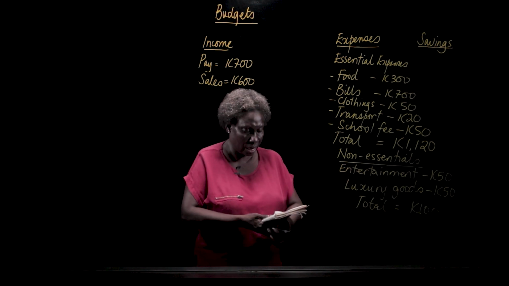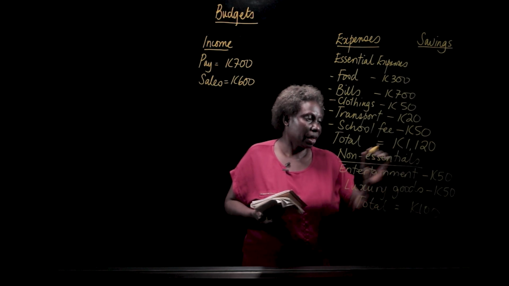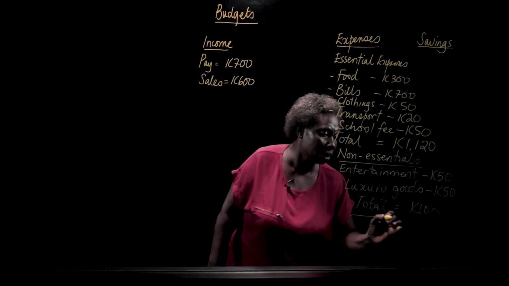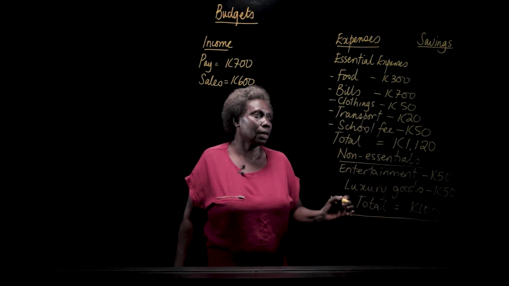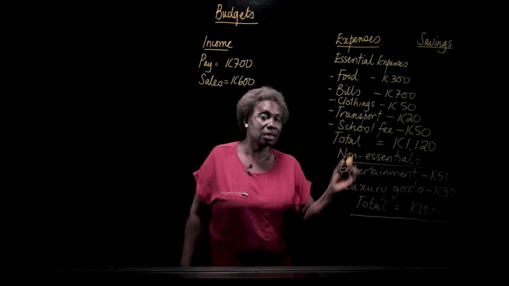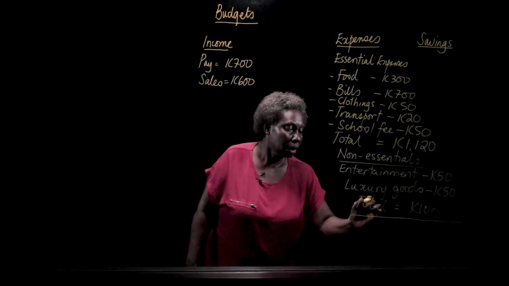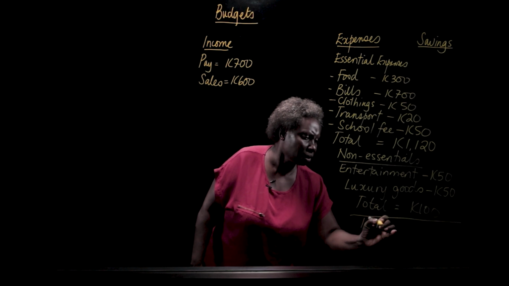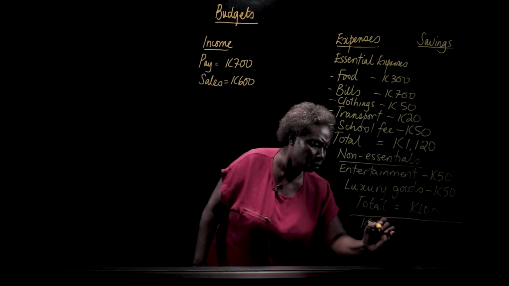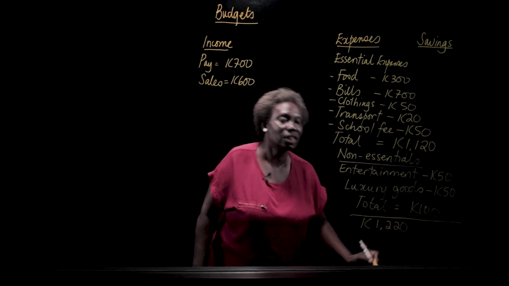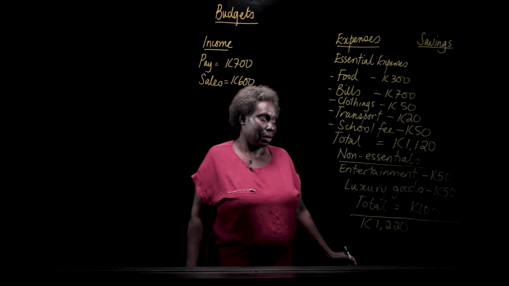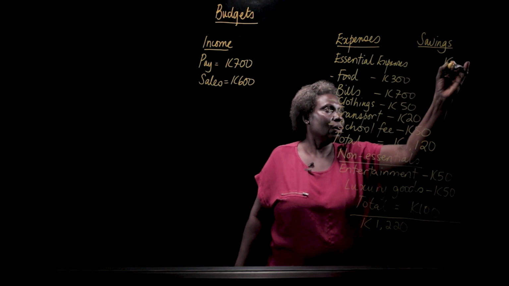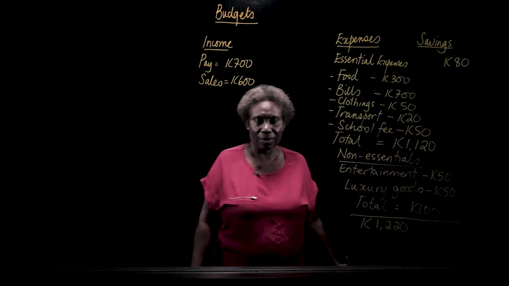So we can see that on essential expenses and non-essential expenses, he spends a total of 1,220 kina. And he is left with 80 kina. So that 80 kina is for savings.